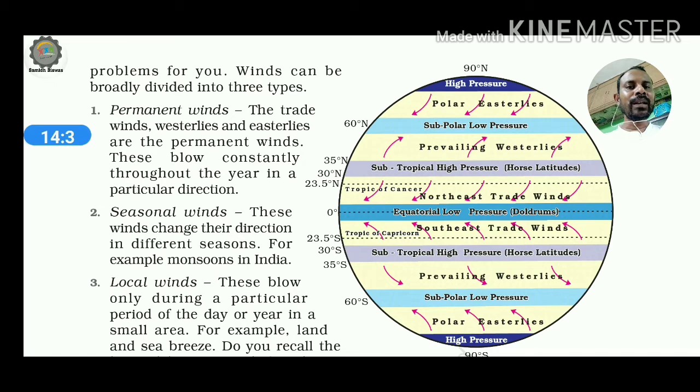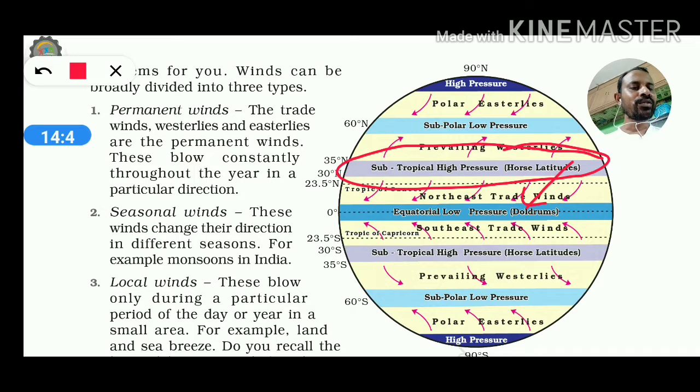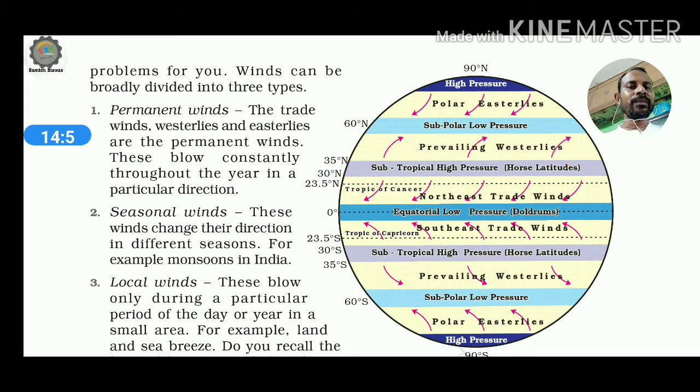You can see here that wind is blowing towards the equatorial region. What is the reason? The reason is that the subtropical high pressure belt has been created in this region. So from the tropical high pressure belt towards the equatorial region, wind blows. These are some examples of the permanent wind system.